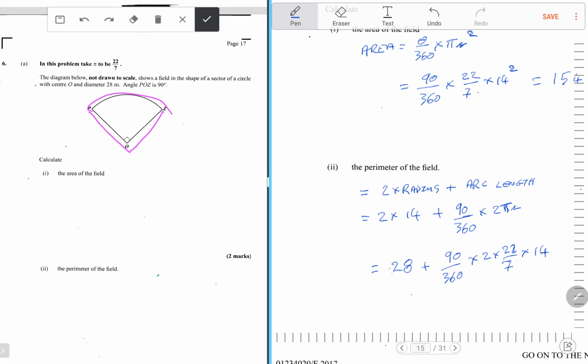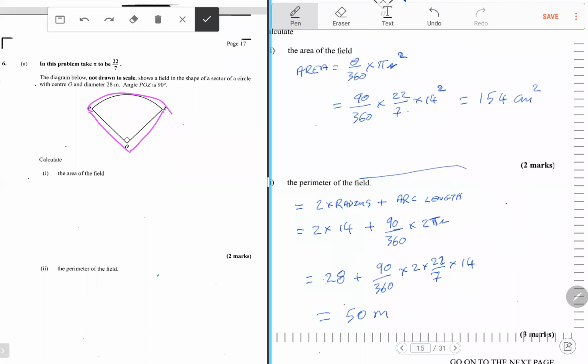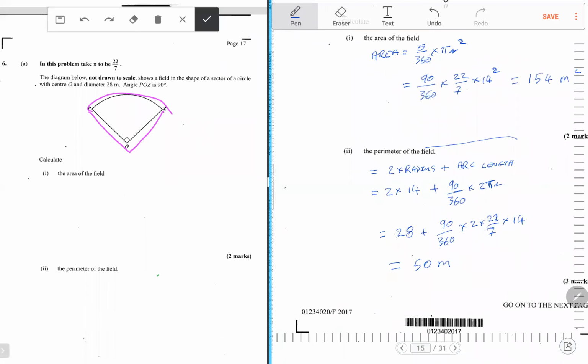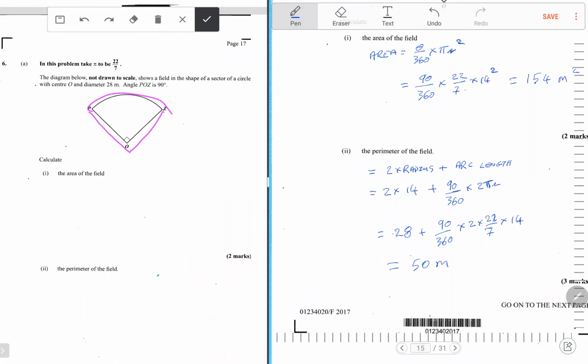You work this out, and it comes out to 50 meters. Up here I put centimeters squared, but it should have been meters squared, so correct that. We're working in meters. So the perimeter there is 50 meters.